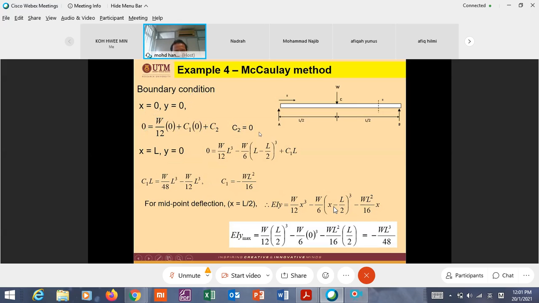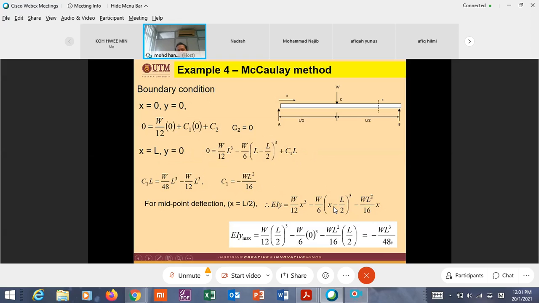We got here EY maximum at point C equal to WL to the power of 3 divided by 48. And it is proven that it is equal to what we have done using the unit load method just now. So this is the Macaulay method.